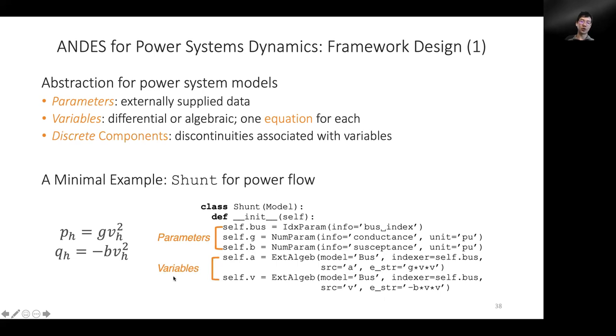Then we introduce two variables, voltage phase angle and voltage magnitude, linked to the corresponding bus variable using this bus index. And at the corresponding equation, we inject this amount of active and reactive power following those equations.